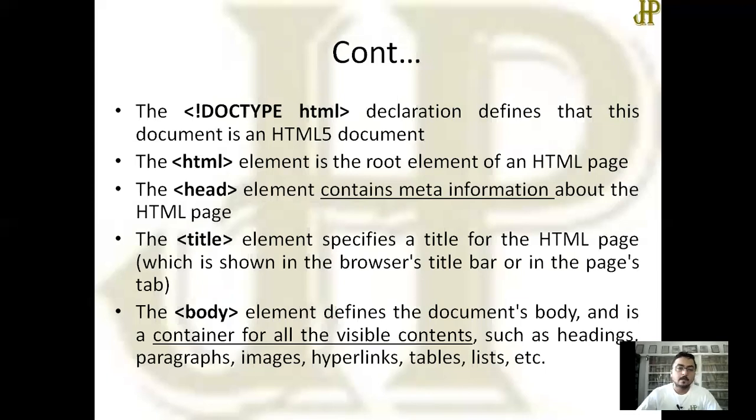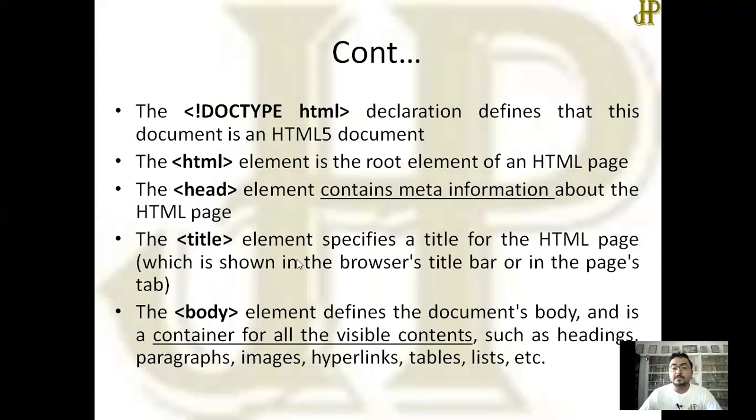So here the doctype declaration defines that this document is an HTML document. Okay, I already told you the HTML element is the root element. We have to write it down. The head element contains meta information. Okay, metadata. What is metadata? Data about data.